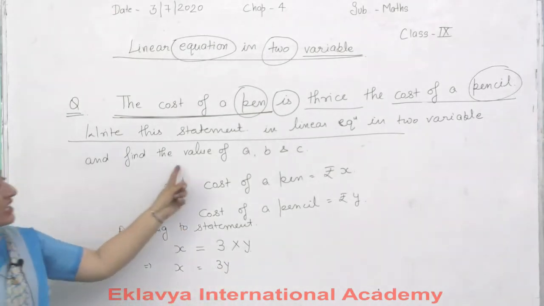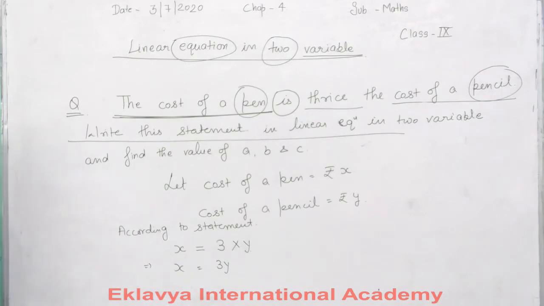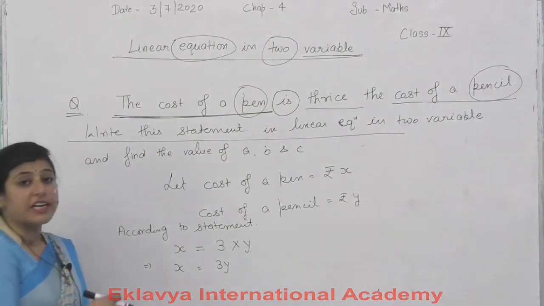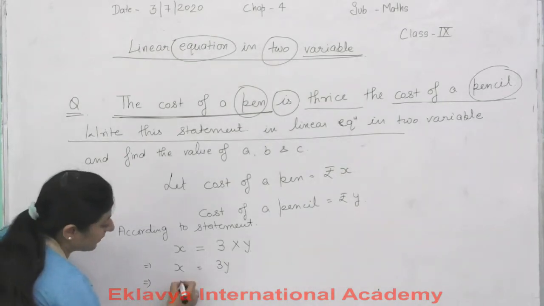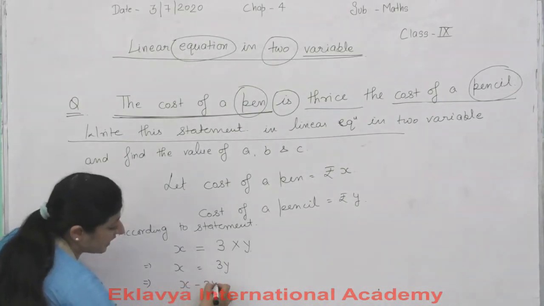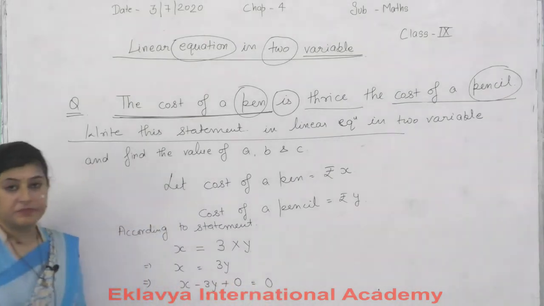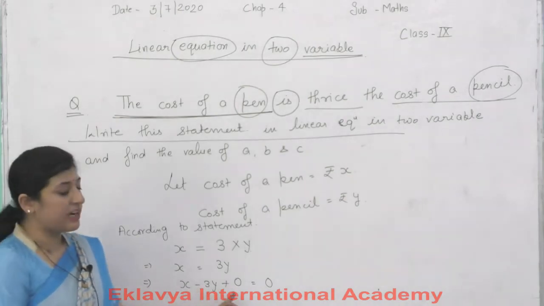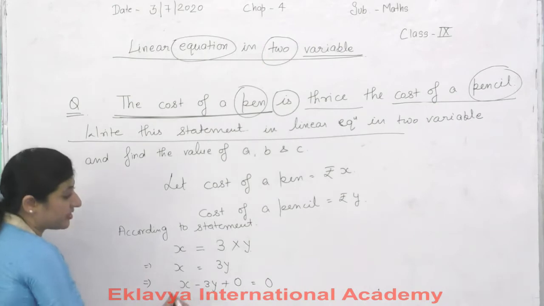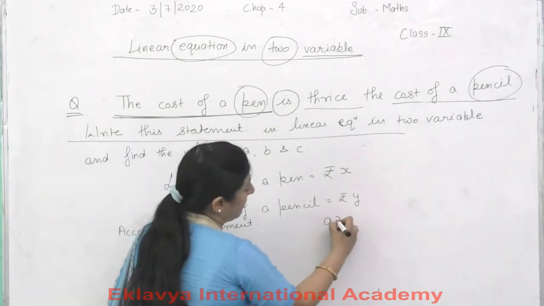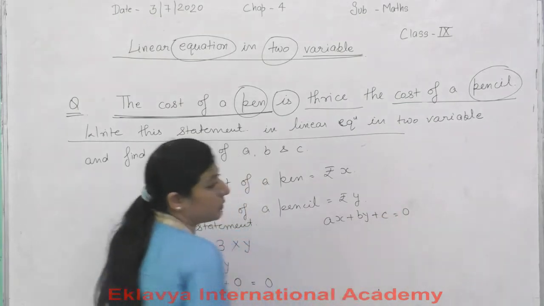Now next, find the values of a, b and c. For finding them, firstly we have to convert it into the standard form. Then in standard form it becomes x minus 3y. There is no constant value, so we can put 0 here: x minus 3y plus 0 is equal to 0. Now compare it with the standard form. What is the standard form? ax plus by plus c is equal to 0.